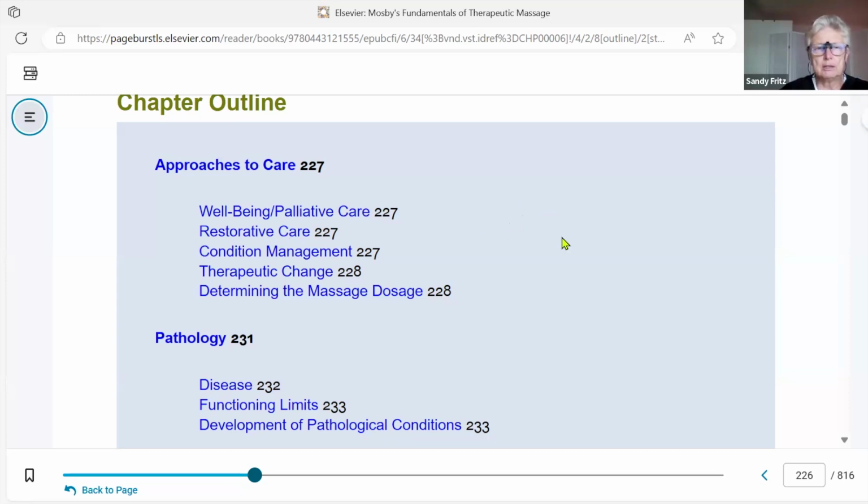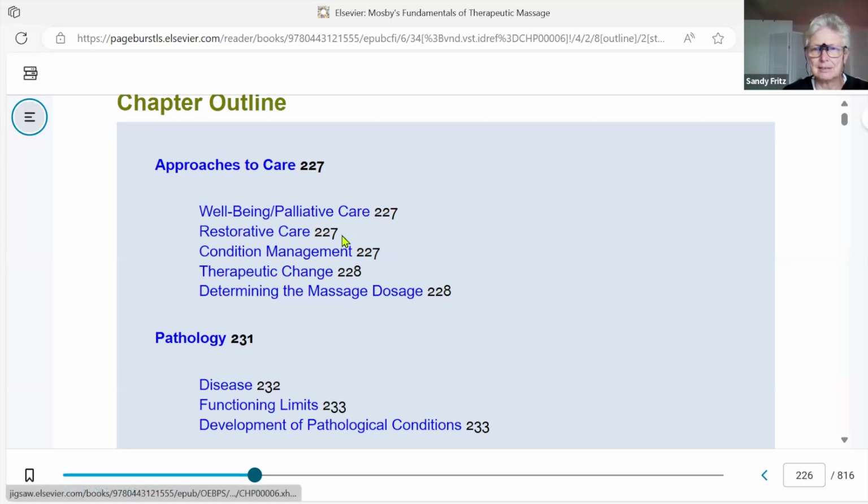Restorative care is more related to helping a person maintain health status. Condition management, however, would fall into potentially the stress management, the pain management, or the functional mobility idea. And then therapeutic change has to do with a reversal of a condition.